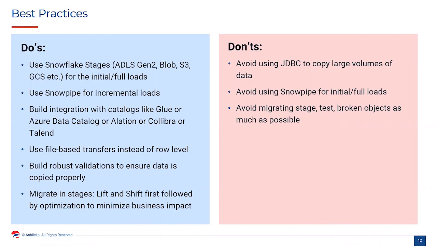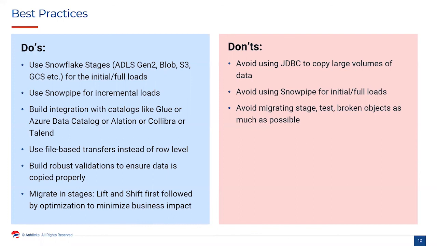And coming to the don'ts, avoid using JDBC to copy large volumes of data. I know I've seen in a few companies, you would be tempted to use some of the legacy, traditional ETL tools to migrate terabyte to petabyte size data lakes from Hadoop to Snowflake. It could be an expensive proposition going that route.